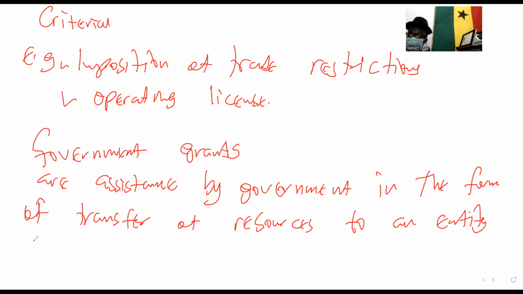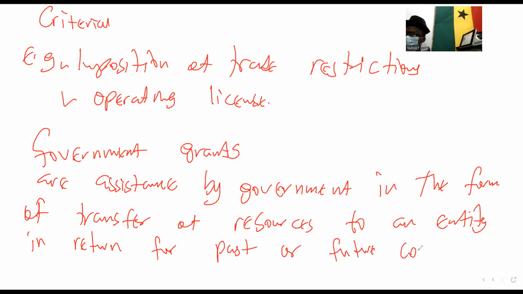So it's not for free, please. In return for past or future compliance.